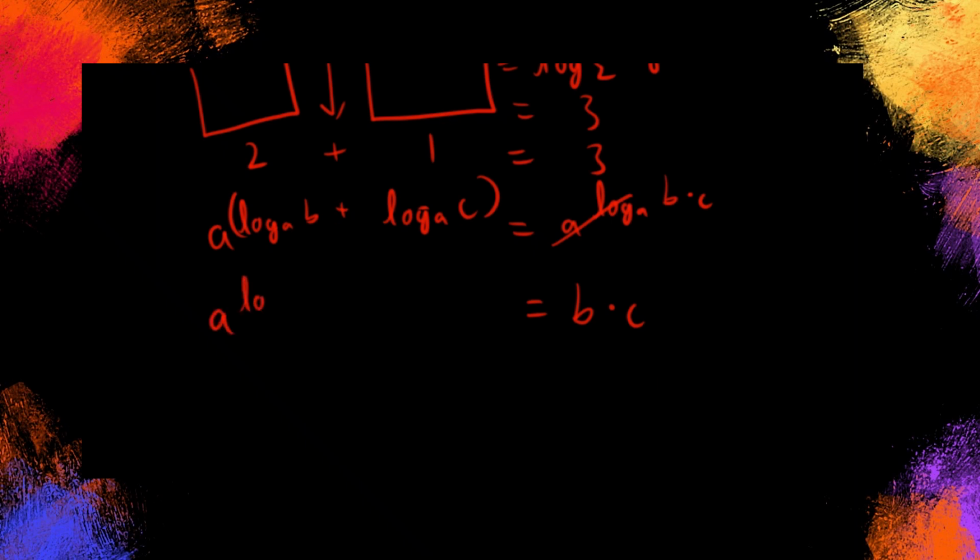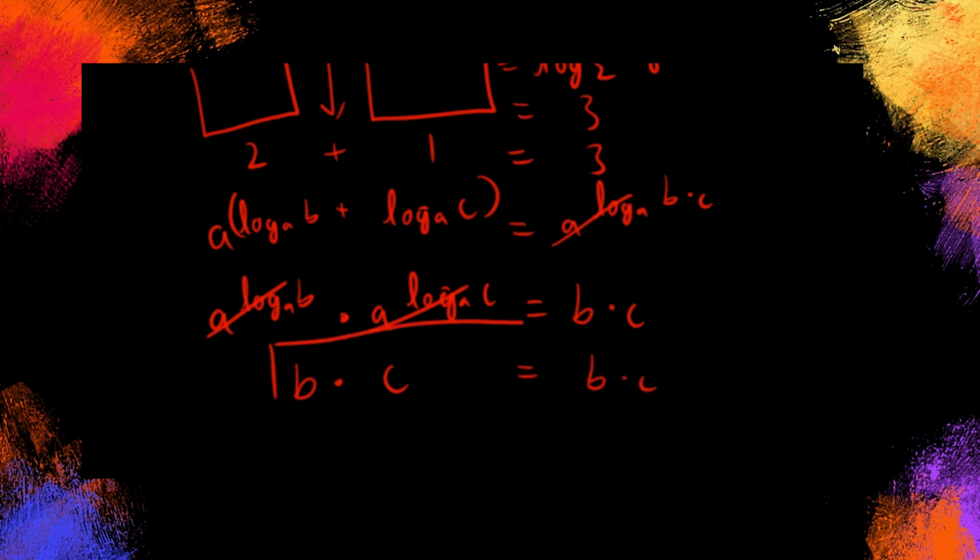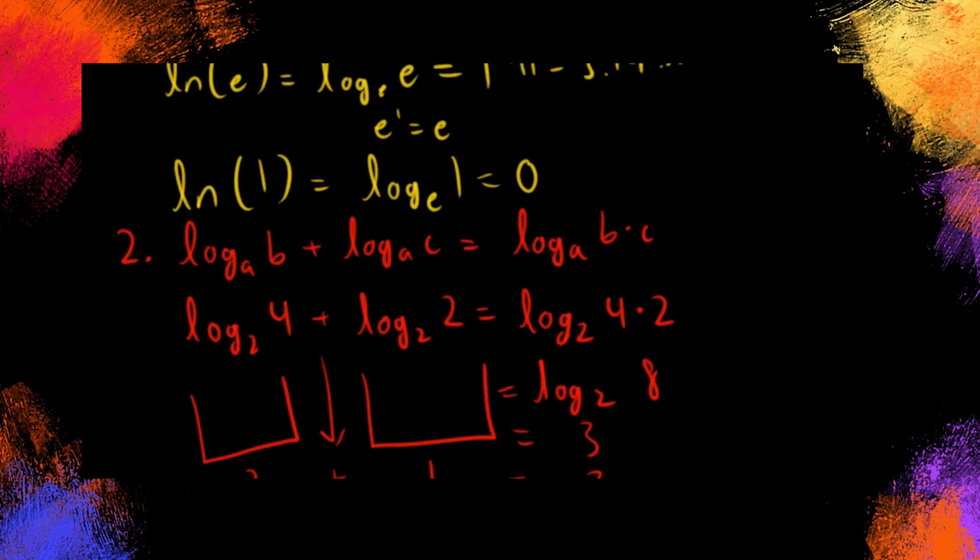So this turns into a to the power log base a of b times a to the power log base a of c. Again, the a's and log a's cancel, and you can see where this is going. So b times c equals b times c, which is self-evident. So this effectively proves the above theorem.